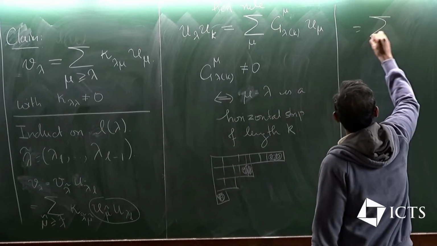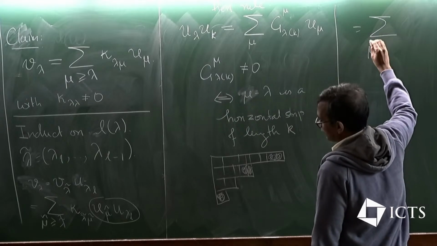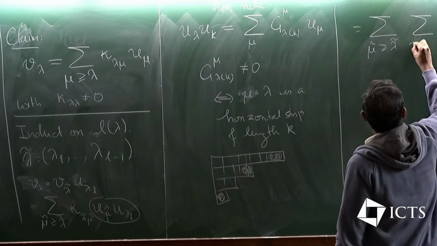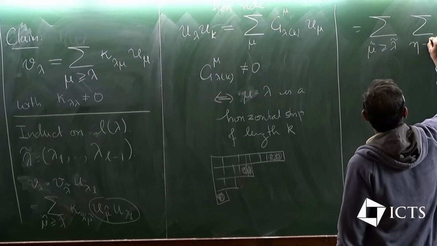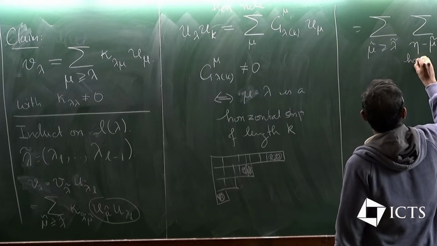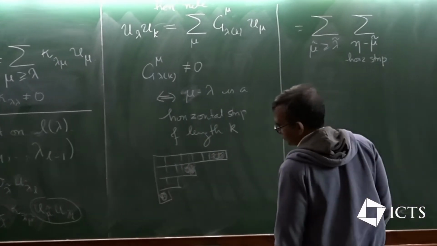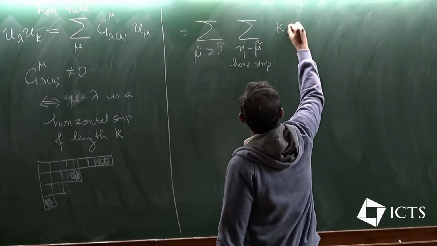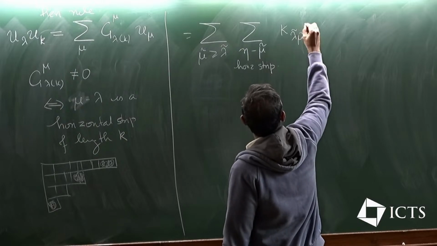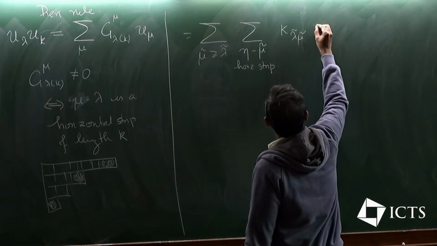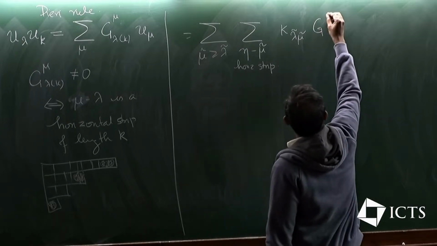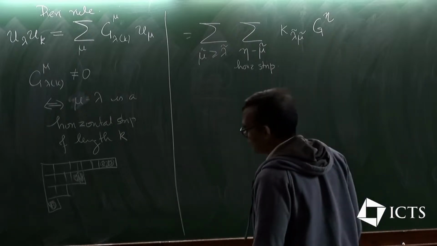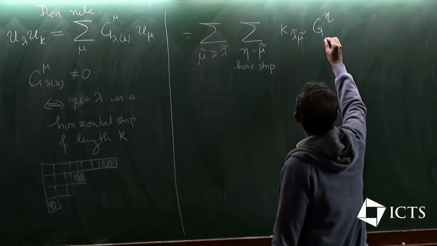What you get is a summation over mu tilde greater than or equal to lambda tilde, with eta minus mu tilde a horizontal strip, and then you get kappa lambda tilde mu tilde, and then you have g eta, or whatever, mu tilde.